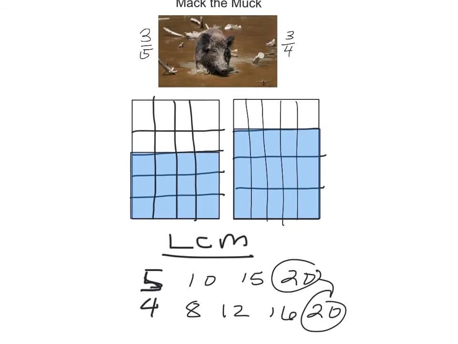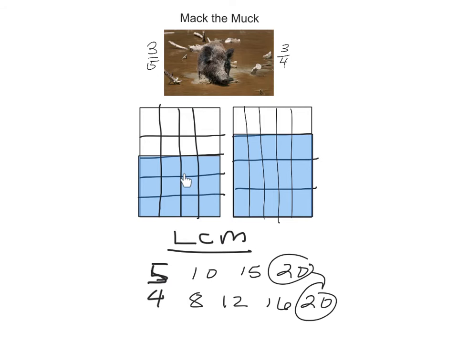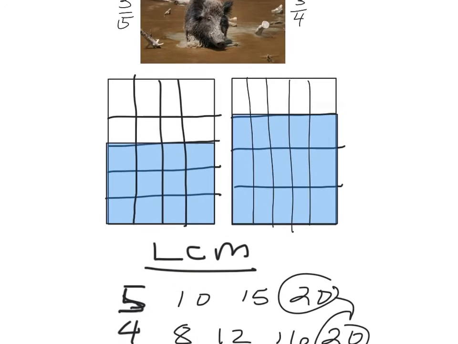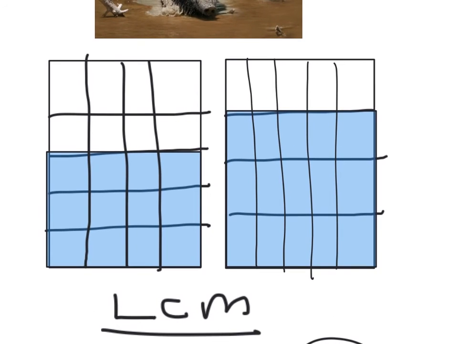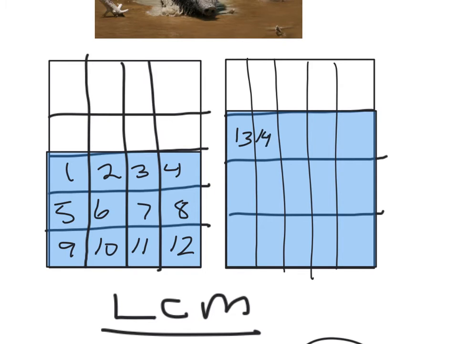Now both of these have 20 parts in them, right? So all I have to do is count up all my parts. Let's go ahead. I'm going to enlarge it again so I can do that. And here we go. 1, 2, 3, 4, 5, 6, 7, 8, 9, 10, 11, 12, 13, 14, 15, 16.